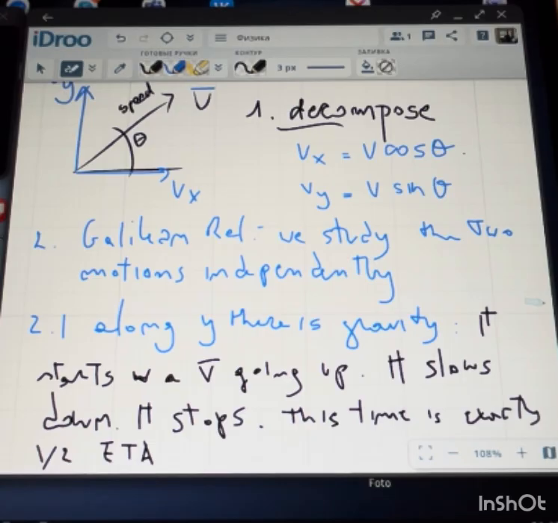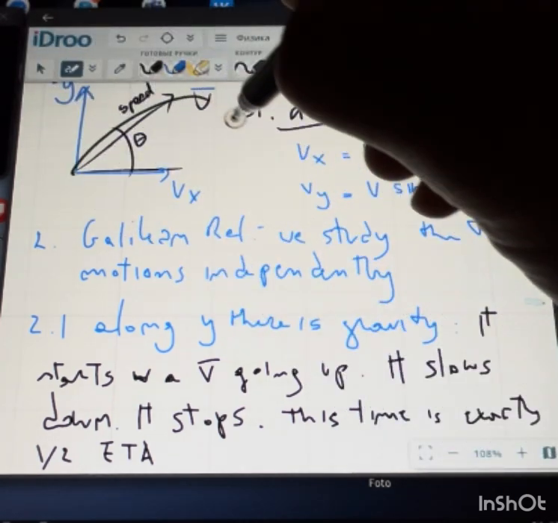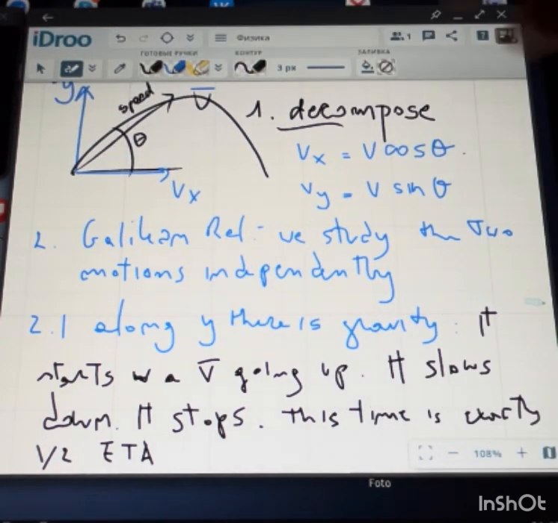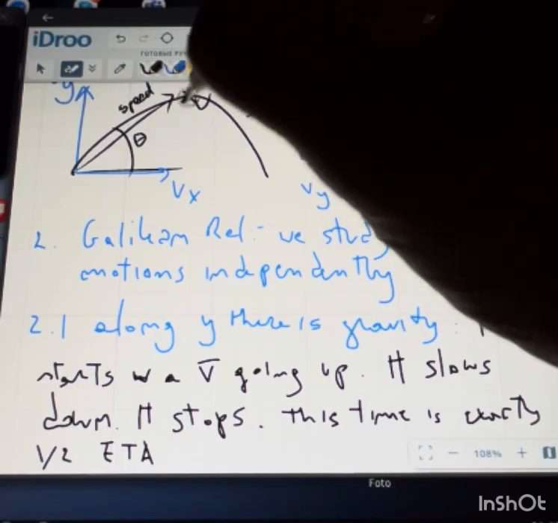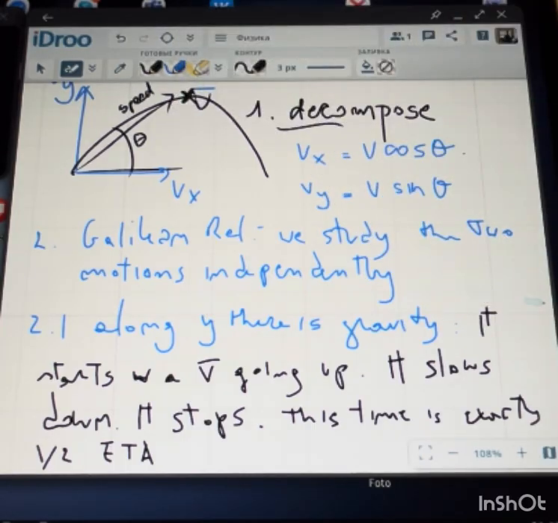Exactly. And at this point, on the parabola, at half of the time you are here, isn't it? Yeah. Good. At the highest point, exactly, at the vertex of the parabola.